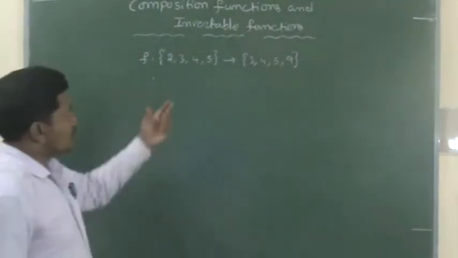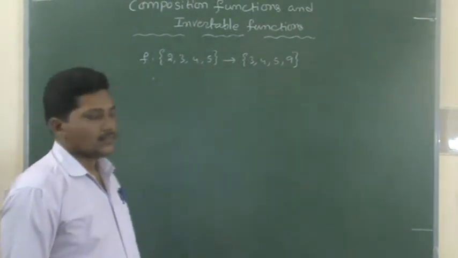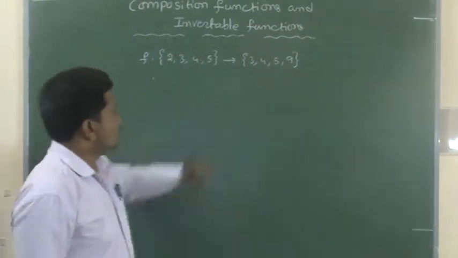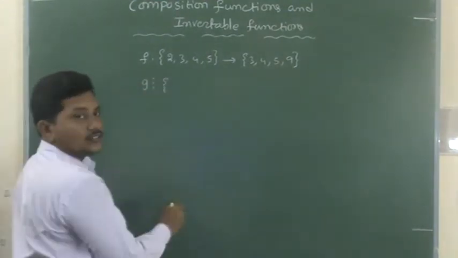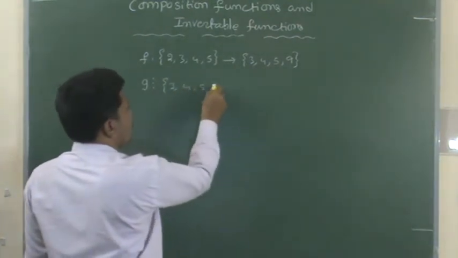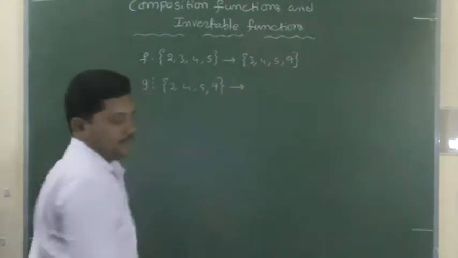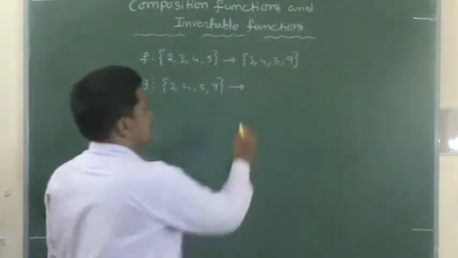This is the function, mapping from, suppose, A to B. So this is A and this is B. Now there is another function g. It must start with this one, right? 3, 4, 5, 9 to 2, 7, 11, 15.